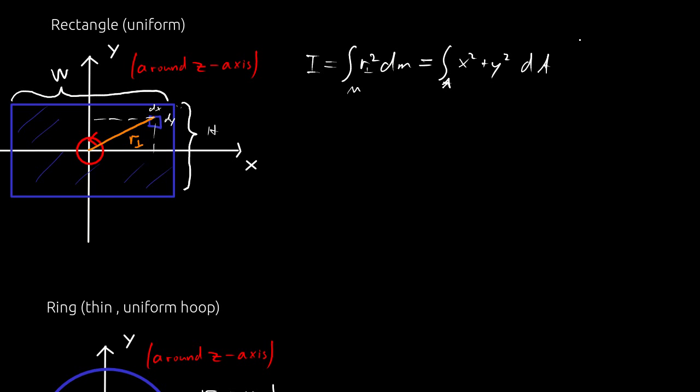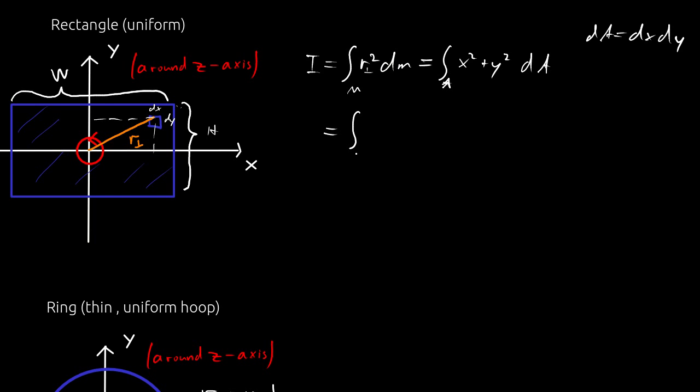And dA is obviously going to be dx times dy, because if we're taking such a tiny rectangle out of this rectangle, the area of this will be dx times dy. And since we have dx and dy, we also need two different integrals.